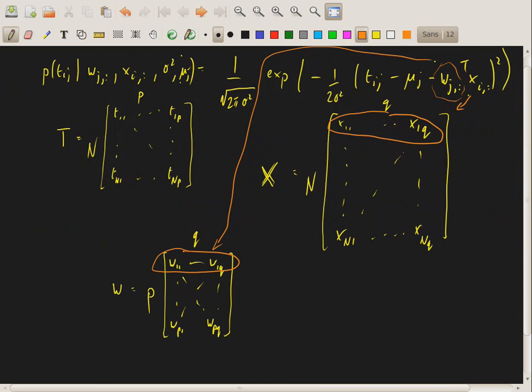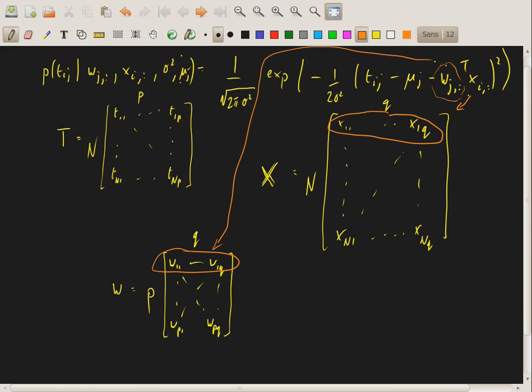So we can recover any element of this matrix. What this is saying is that this element of this matrix here, T11, is approximated by a mean value, mu j, which is constant for that column. So each column has its own mean. But let's ignore the mean for the moment.